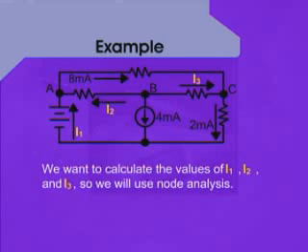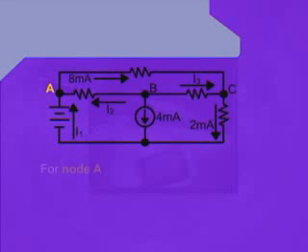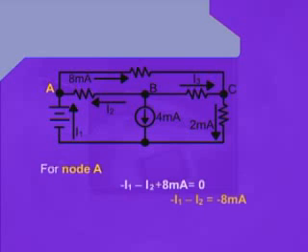Now, to start with, let's start from the node A. I1 and I2 are approaching the node A, whereas 8 milliampere value at the top of the circuit is leaving the node A. Therefore, the equation will be minus I1 minus I2 plus 8 milliamperes equals 0.